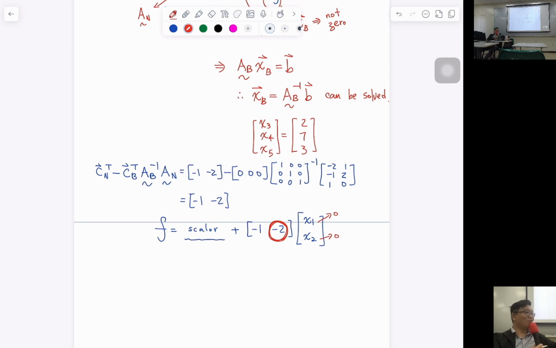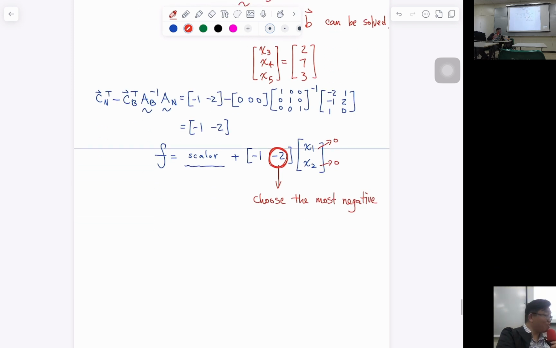So that reduces f more. That's why we choose the largest one, the most negative one. So here we're going to choose the most negative coefficient. So what does it mean?